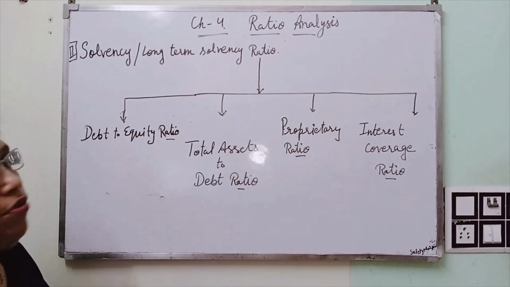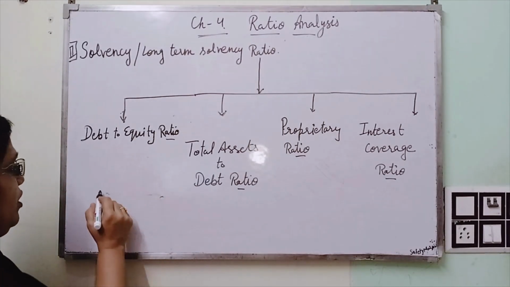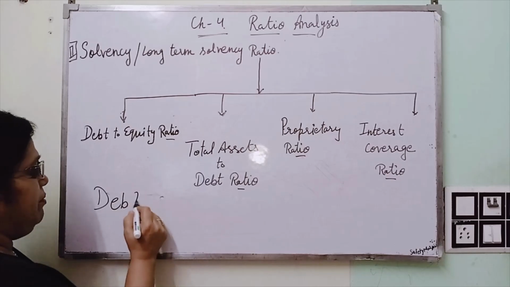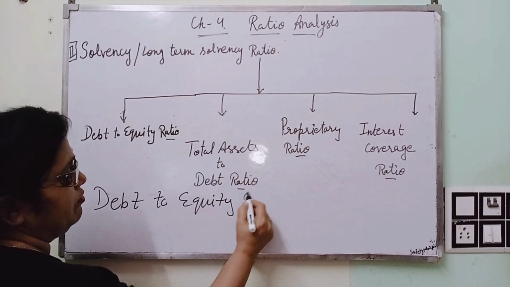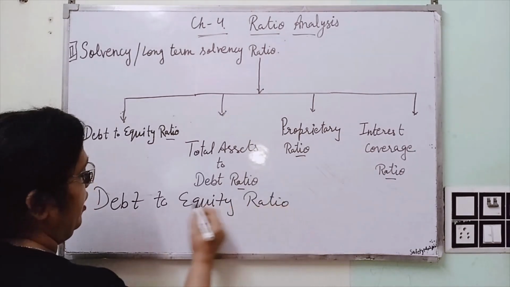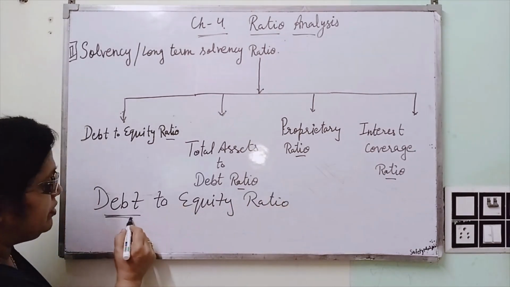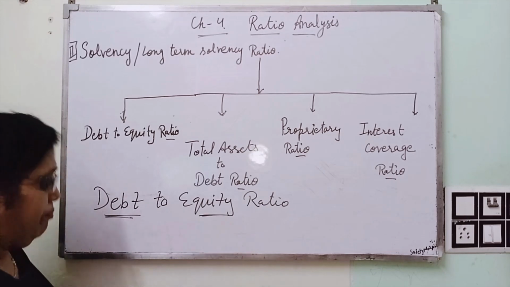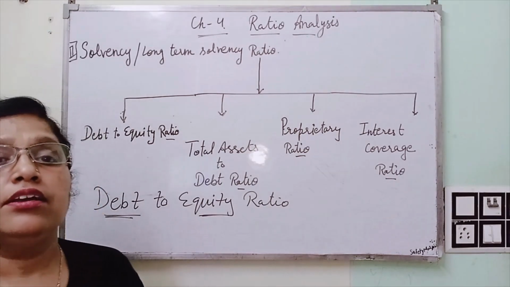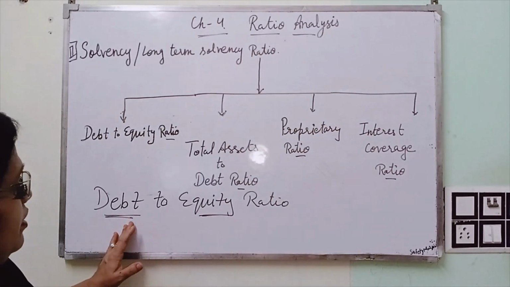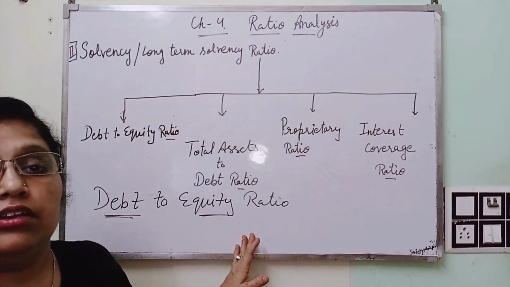First is debt to equity ratio. What do you mean by debt to equity ratio? As its name indicates, debt equity is the ratio which indicates the expression of debt against its equity.